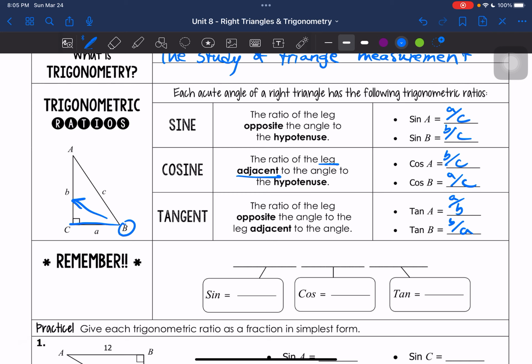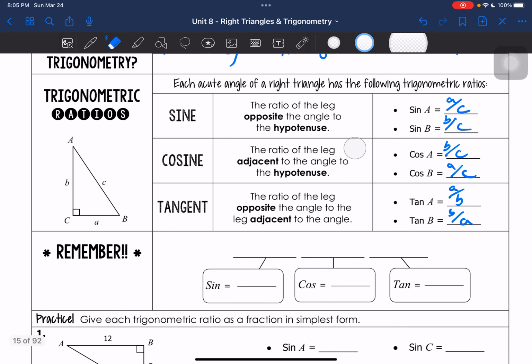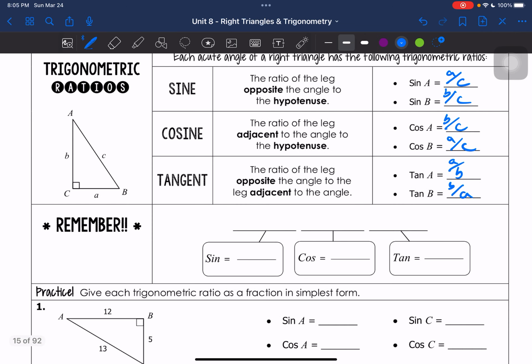There's going to be a really easy shortcut in order to remember these definitions, so that we can just use that shortcut whenever we are seeing problems like this. It's basically an acronym that you have to remember, and it is SOH CAH TOA.